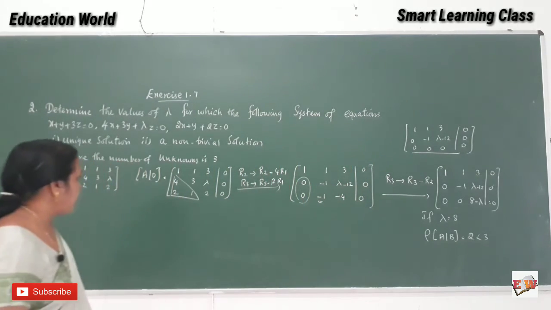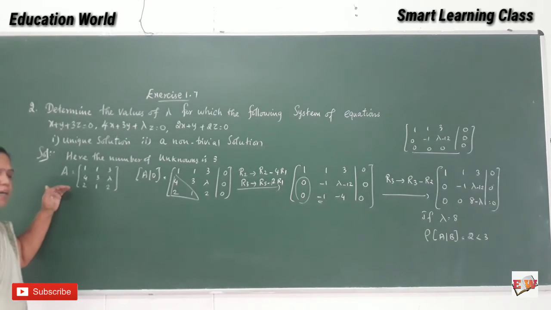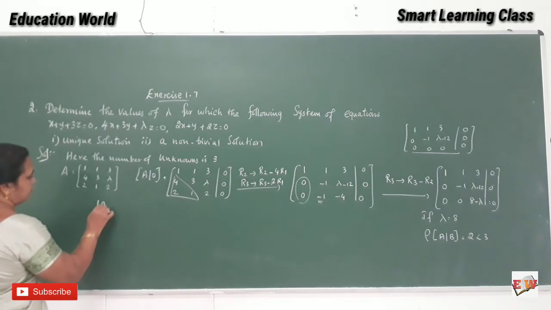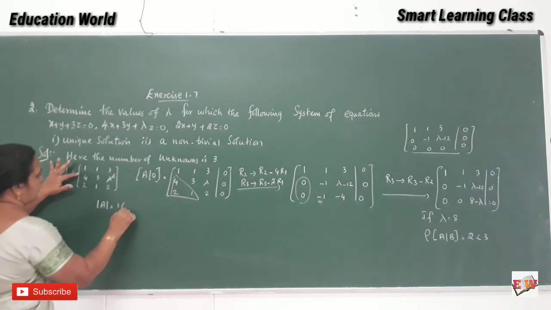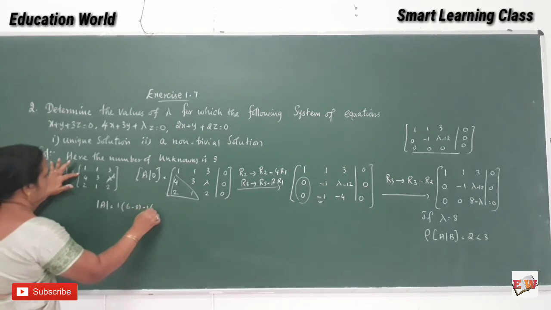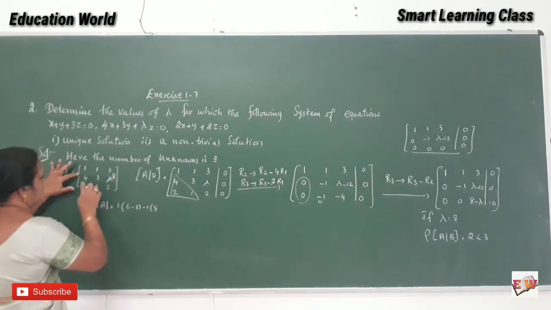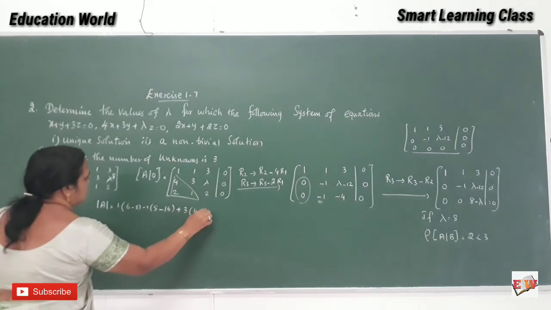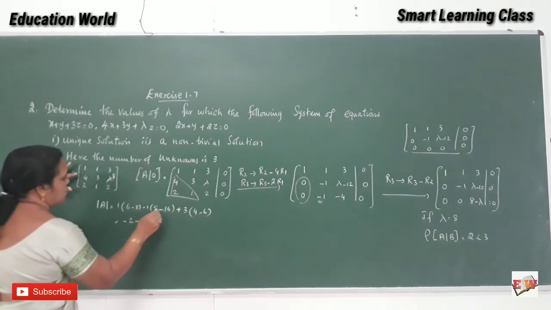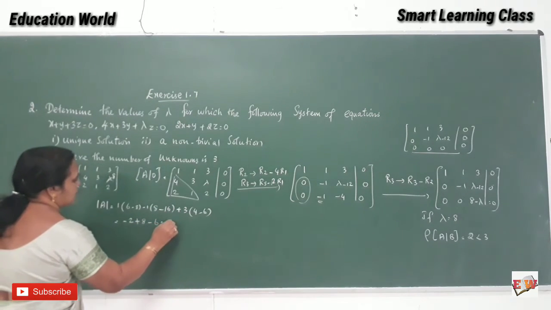For that we have to find the determinant value of A. Why? We have to find the rank of A. See, here I am going to substitute 8. 1 into 6 minus 8, minus 1 into 4 2s are 8 minus 16, plus 3 into 4 minus 6 minus 2, minus into minus plus 8 minus 2, 3 minus 6, so equal to 0.